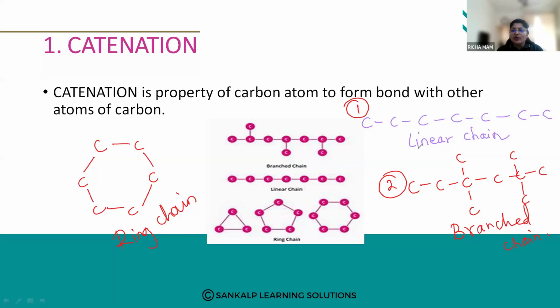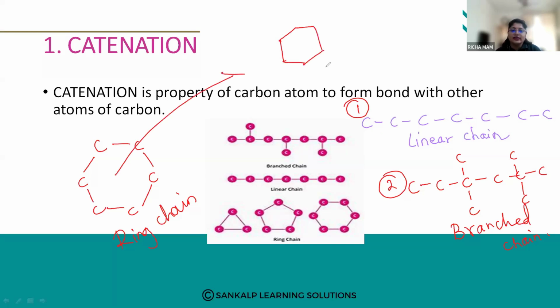Either it can link in a straight chain, called a linear chain, or it can form branches, called a branch chain, or carbon can link in such a way that it forms a ring, like this.